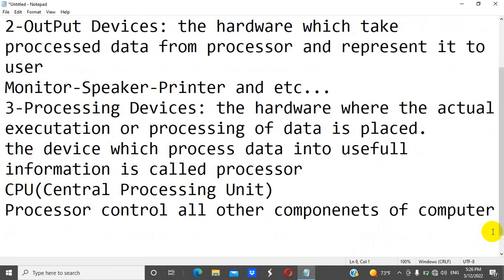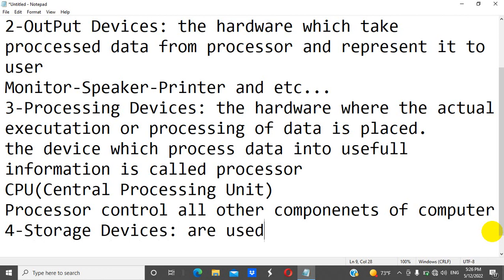Okay, that was the third type of hardware. And the fourth type of hardware which we have is called storage devices. What are storage devices? Storage devices are used to store data and information.